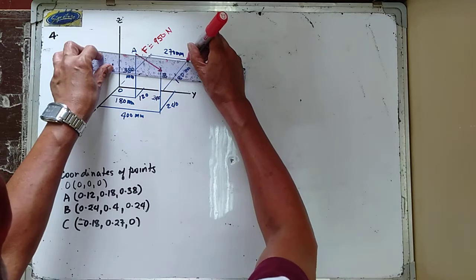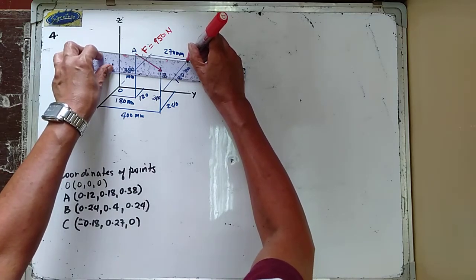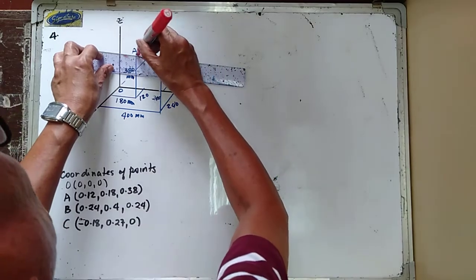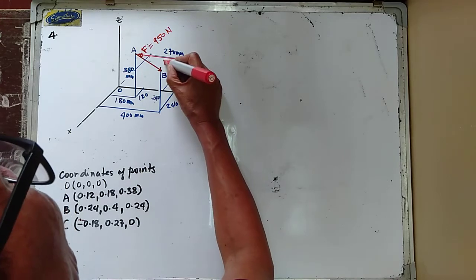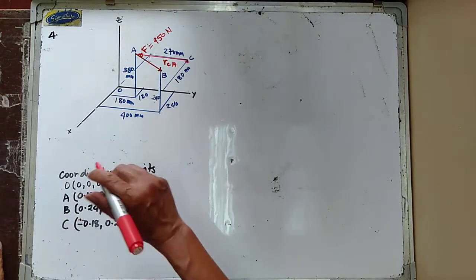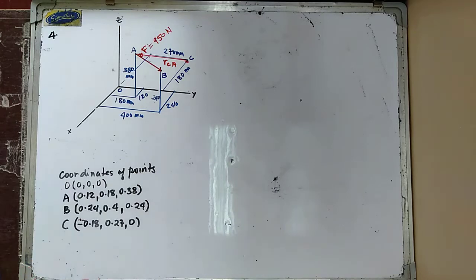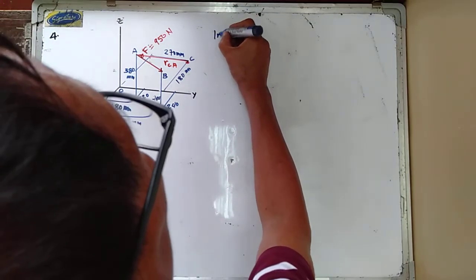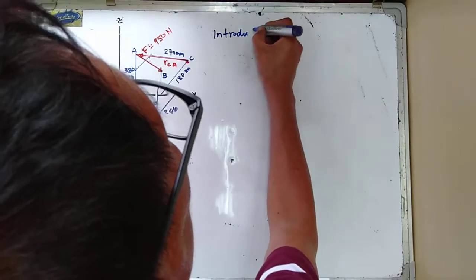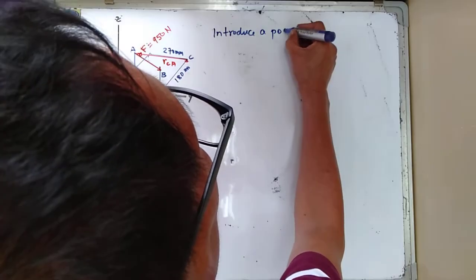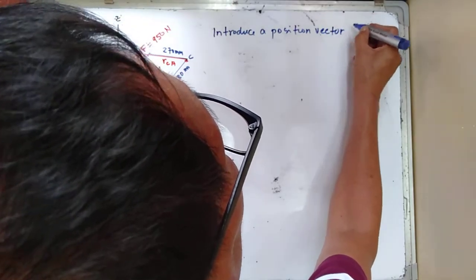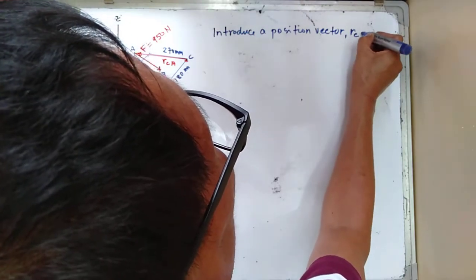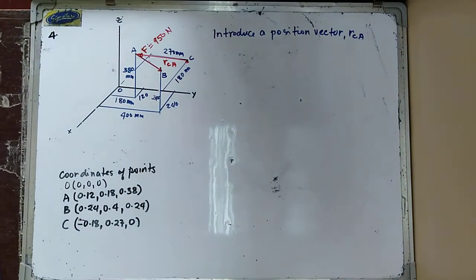So I'm just going to consider a position vector CA, that is RCA.